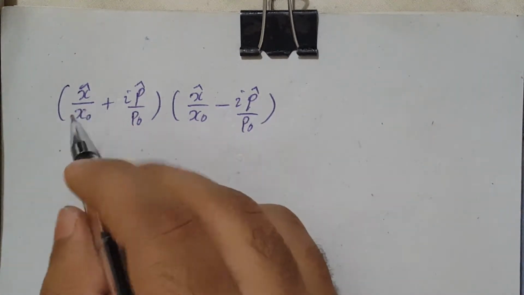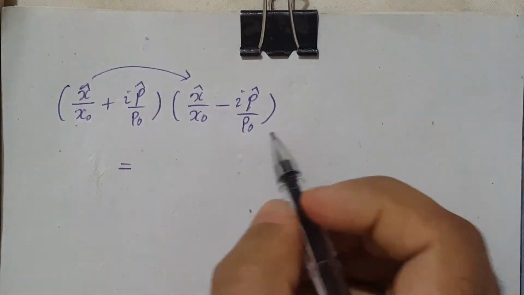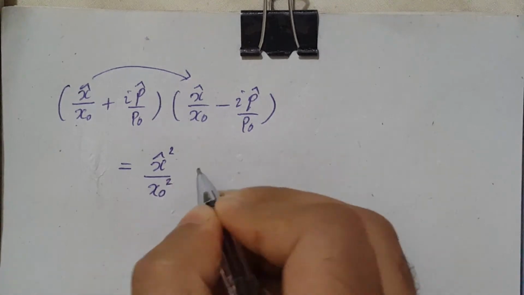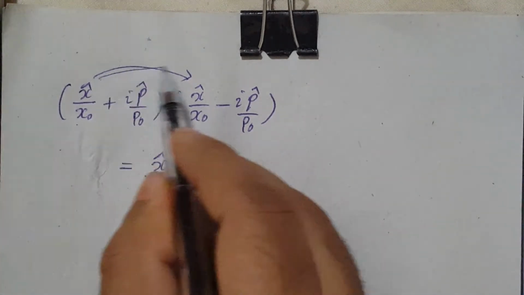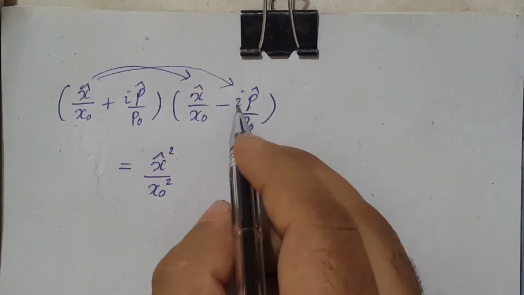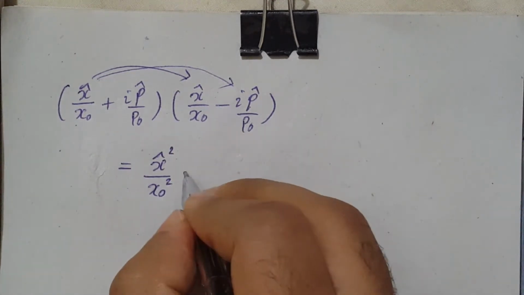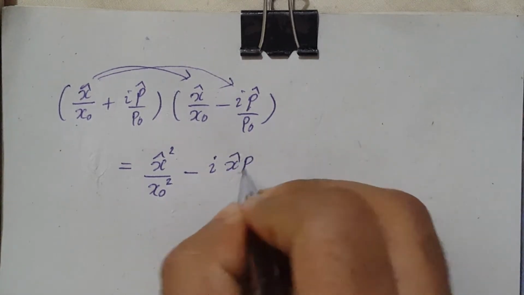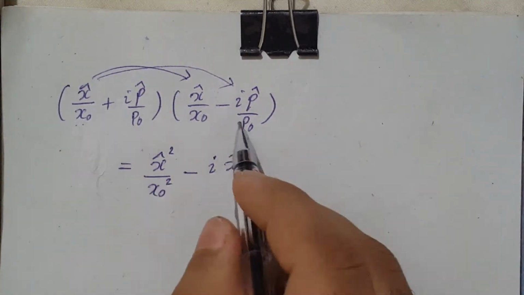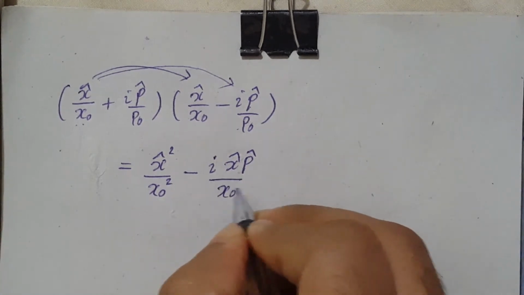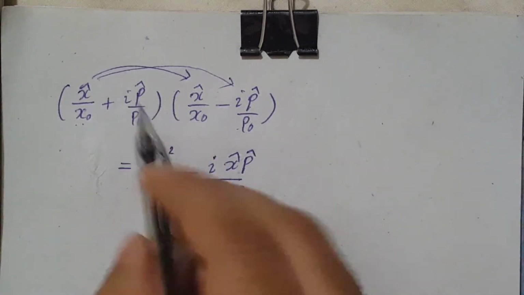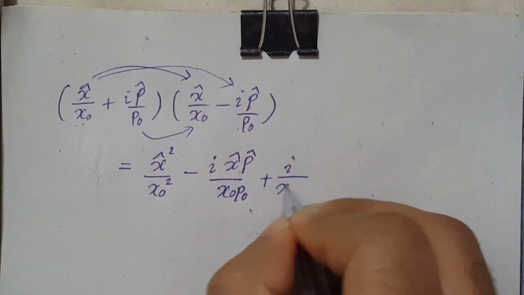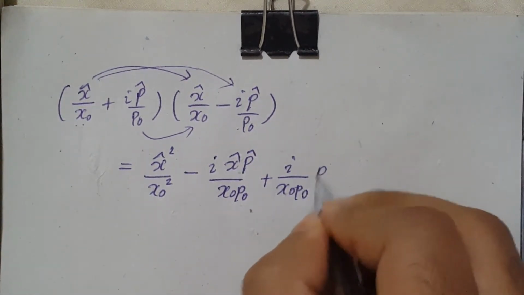First term multiplied with the first term, we get x cap squared by x naught squared. Now first term multiplied with second term, the minus will come here, then i is here, then x cap p cap, and on the bottom x naught and p naught. Now take the second term, multiply with the first term, so we have plus i by x naught p naught, p cap x cap.